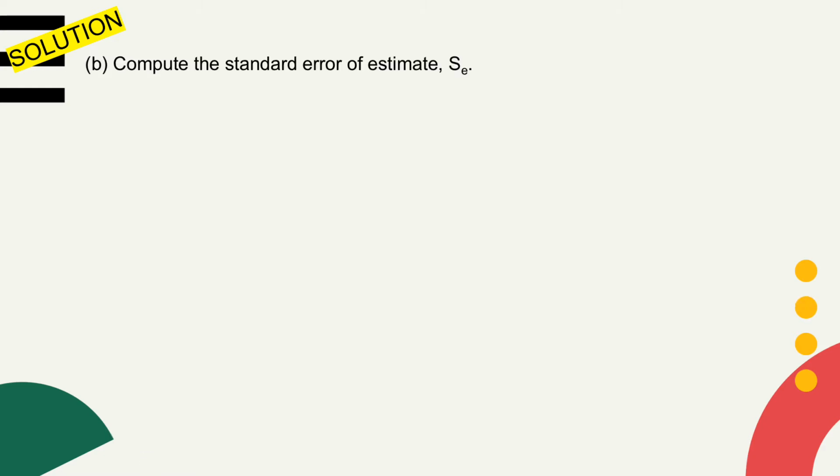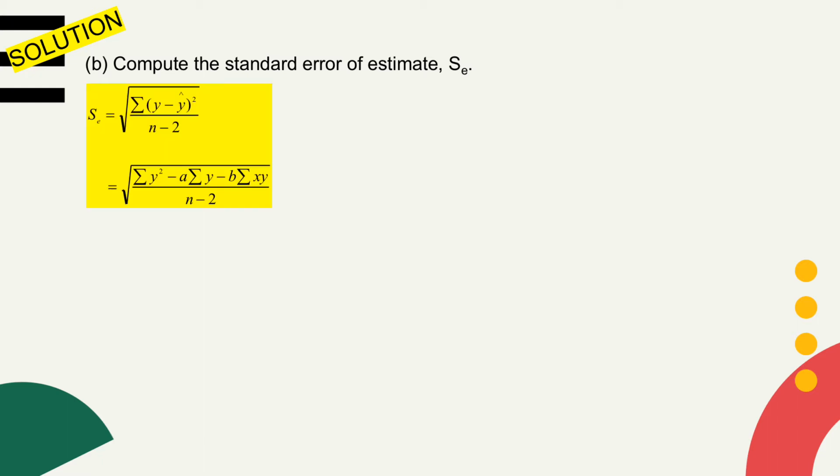The second question asks us to compute the standard error of estimate or SE. This is the formula of SE. In order for you to use this formula, you just have to consider the second line of the expression here, whereby you have to find the value of the summation of y squared, summation of y, summation of xy, as well as the values of a, b, and n.